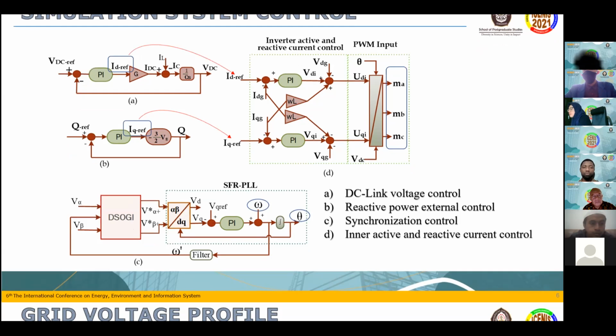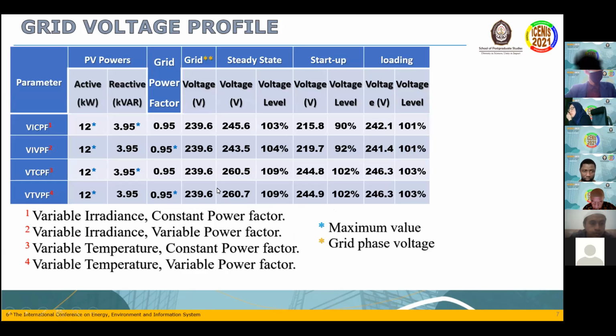The results are summarized in this table. Now, there are two conditions under which we injected the reactive power. The first one is where we maintain the power variable at its maximum point, as we can see here, because they vary.